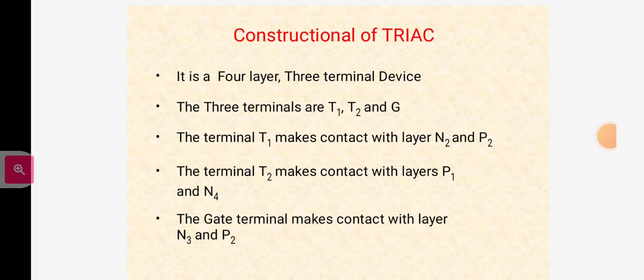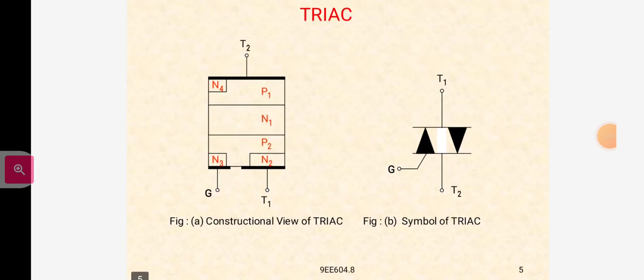The terminal T2 makes contact with layers P1 and N4. The gate terminal makes contact with layers N3 and P2. So this discussion is from this diagram, the constructional view of the triac.